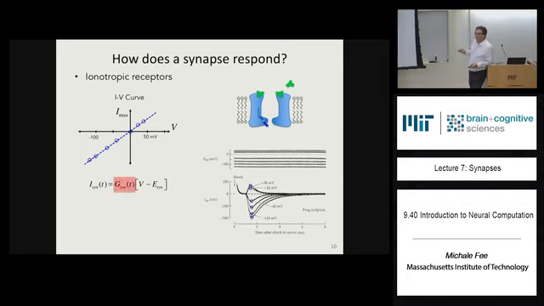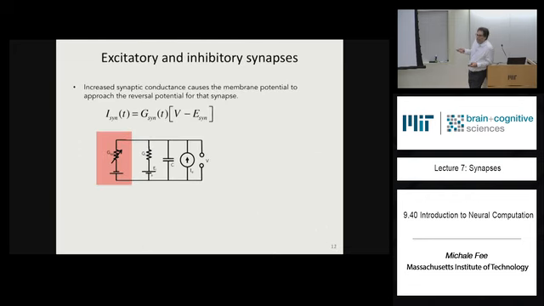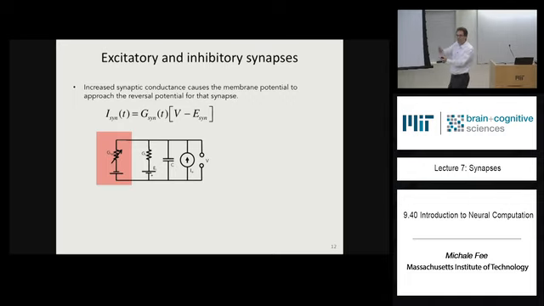So the way to think about this is that when you turn the synapse on, it doesn't matter where the voltage is, it's always driving it toward the reversal potential. If you start above the reversal potential, the voltage will go down. If you start below the reversal potential, the voltage will go up.